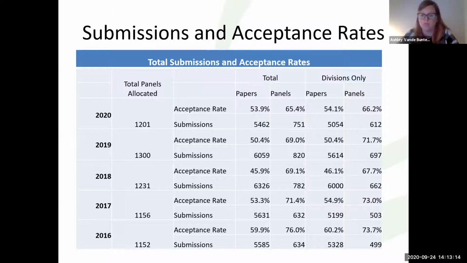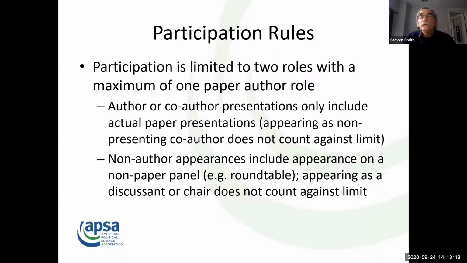Okay. So, participation rules. Participation is limited to 2 roles with a maximum of 1 paper author role. Author and co-author presentations only include actual paper presentations. Non-author appearances include appearances on roundtables.